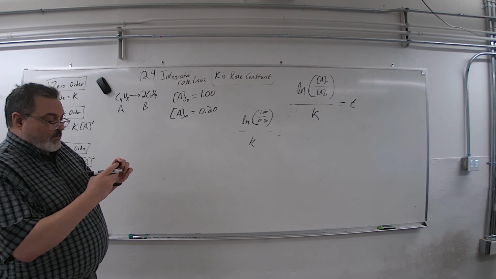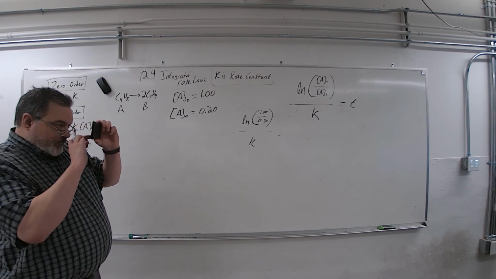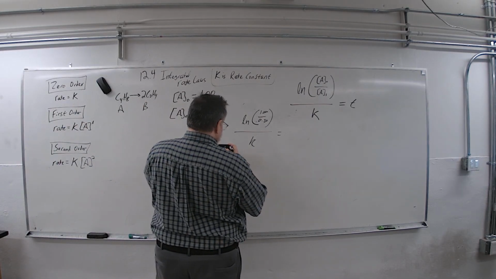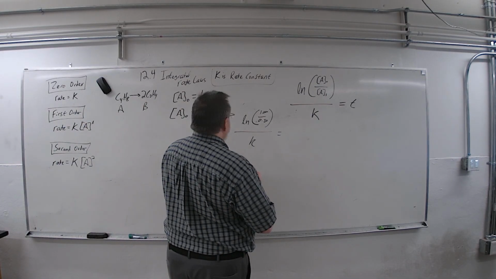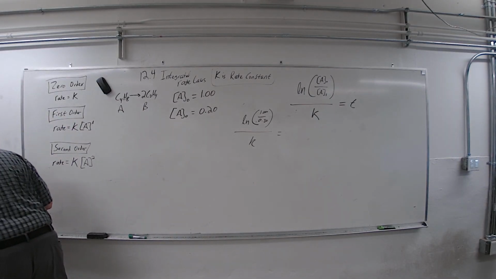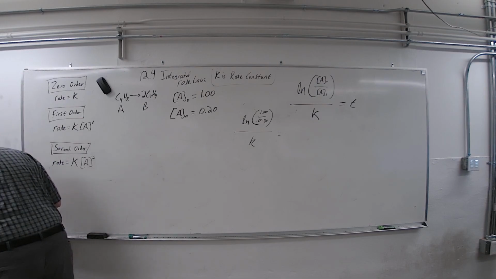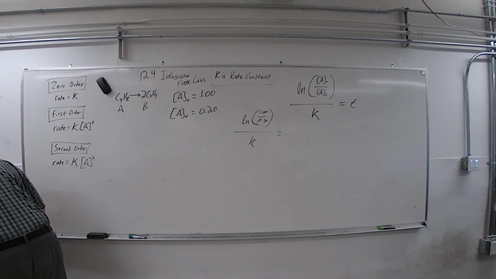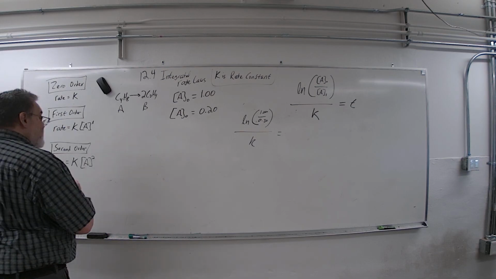1 divided by 0.2, natural log, divided by 0.2.